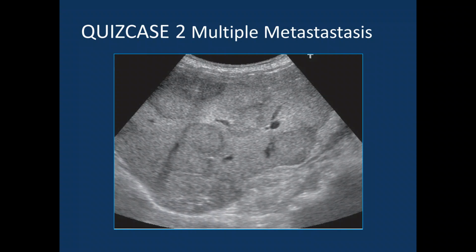So, well, we had these examples of metastases from the book, and these are classical metastases of the liver, multiple lesions with poorly echogenic halo, and in this case, in a somewhat fatty liver.